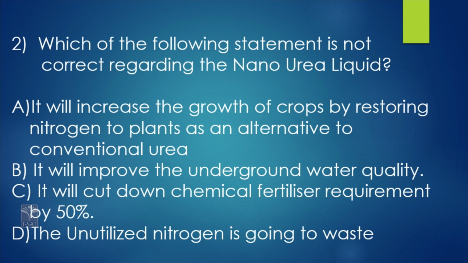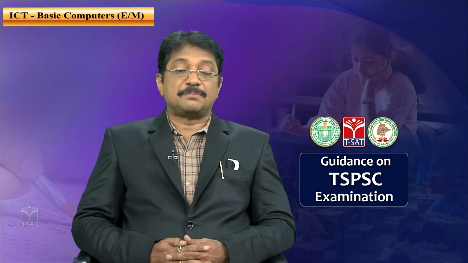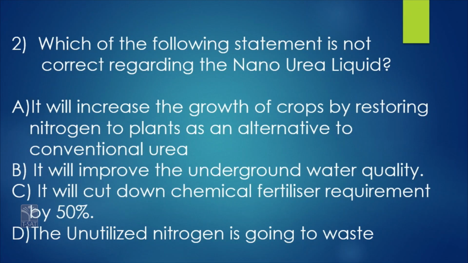Actually the unutilized nitrogen will be stored in the plant and it will be released later, correct. But the fourth statement, option D, says the unutilized nitrogen is going to waste. So, it is a wrong statement. The question asks which statement is not correct, which means option D is not correct. So, you can choose D as the correct option, clear?